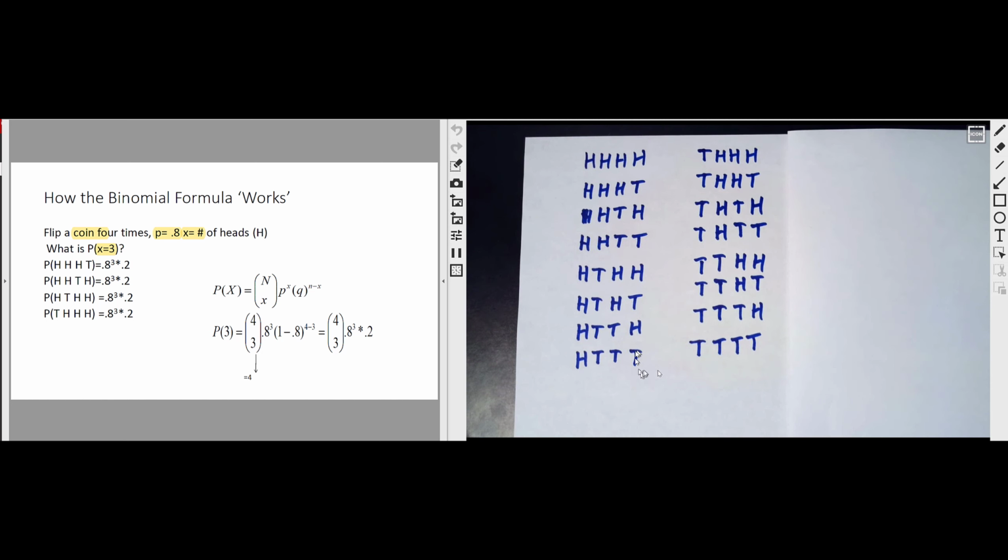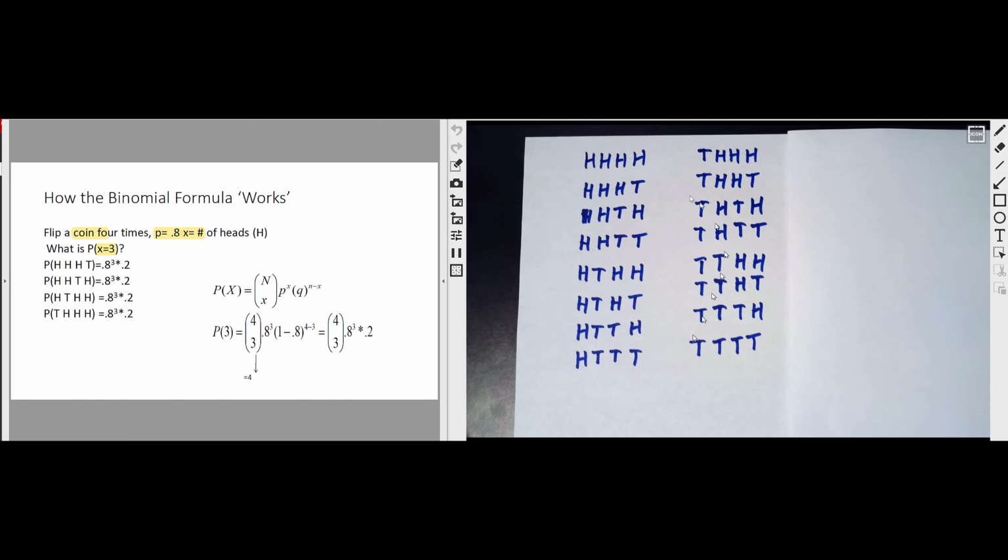You can see that there are 16 possible outcomes, and only 4 of those possible outcomes have 3 heads. That is, we have 3 successes in these 4 ways. We've got head, head, head, tail; head, head, tail, head; head, tail, head, head; and finally tail, head, head, head.